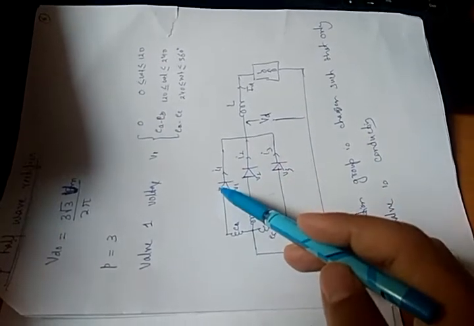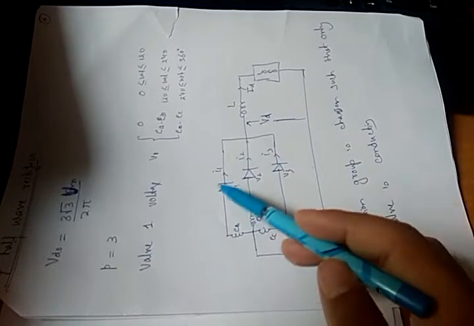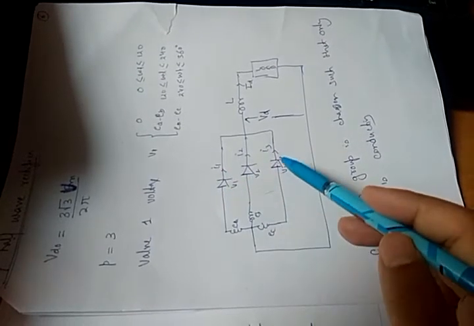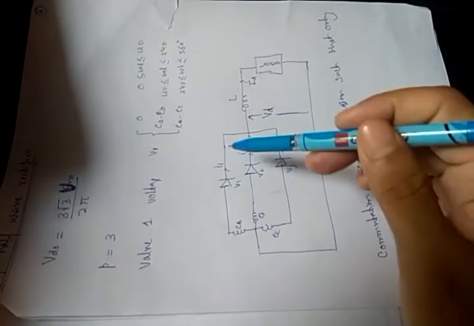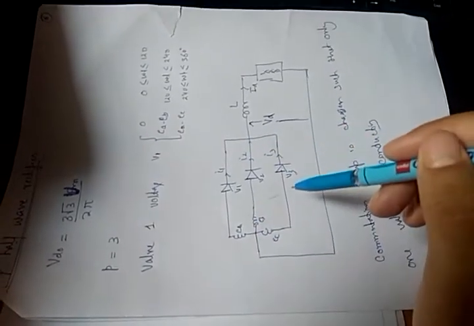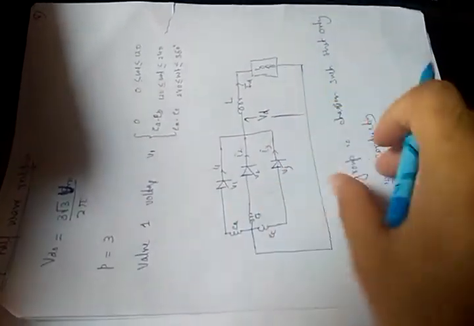Out of 3 valves, only 1 valve is conducting at a time. So the pulse number Q will be equal to 3, R will be equal to 1, because 1 is connected in series, and S will also be equal to 1, because there is no other valve connected with this valve converter.